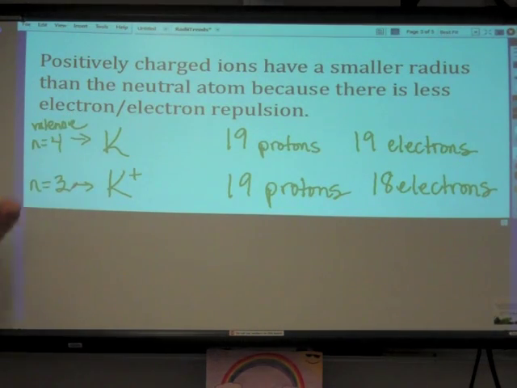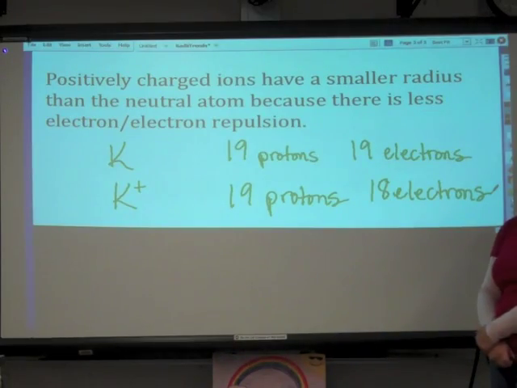So not only is there less electron-electron repulsion, but most of the time when you form a cation, you are losing all of the valence electrons, and now the valence actually is one quantum level closer to the nucleus.